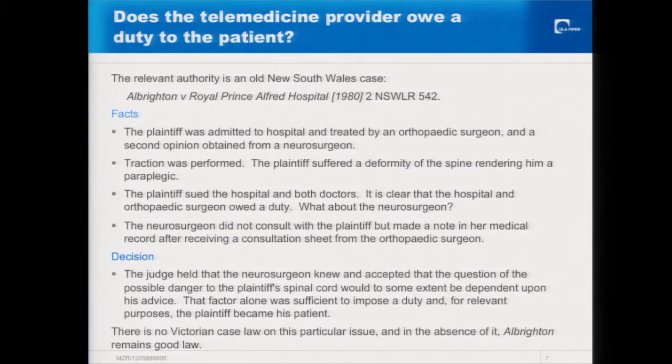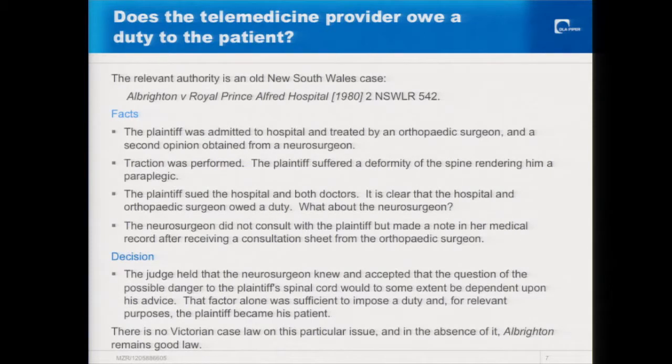The relevant authority for all of this is an old 1980 New South Wales case, in which the facts were these: the plaintiff was admitted to hospital and treated by an orthopaedic surgeon, and a second opinion was obtained from a neurosurgeon. Traction was performed, and as a consequence, the plaintiff suffered a deformity of the spine, rendering him a paraplegic.